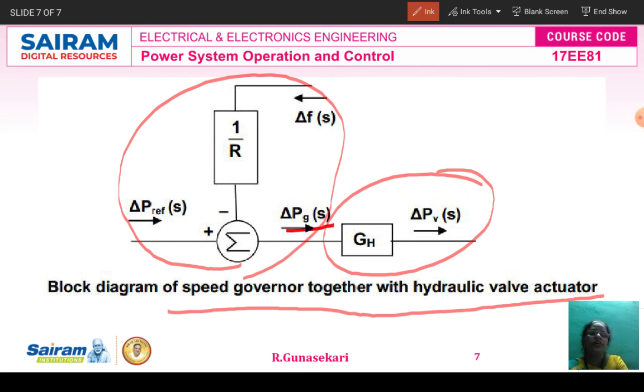Del PG of s equals del P reference of s minus del f of s divided by R. The other equation is the output del PV of s divided by del PG of s, which equals 1 divided by 1 plus s into Th. That is the transfer function Gh, the hydraulic valve actuator transfer function.